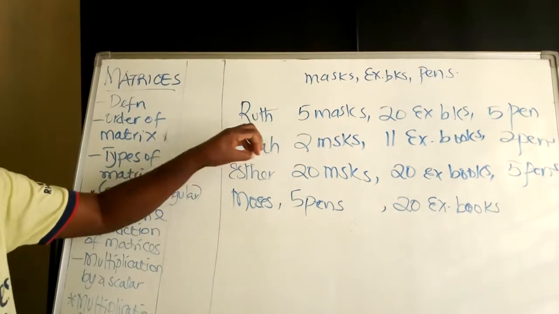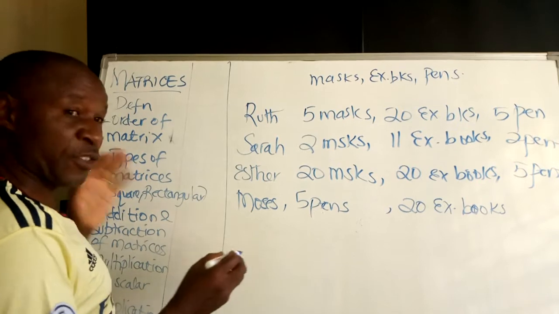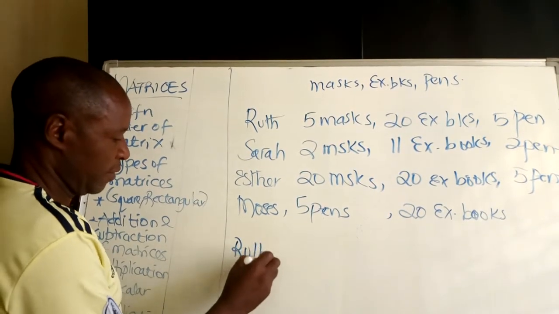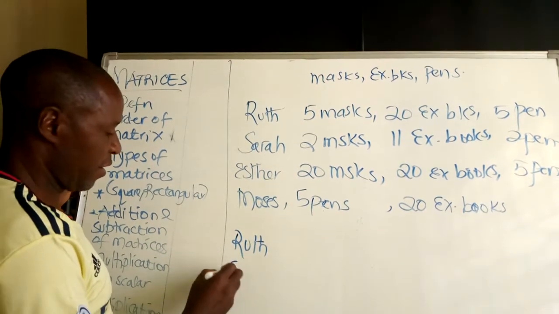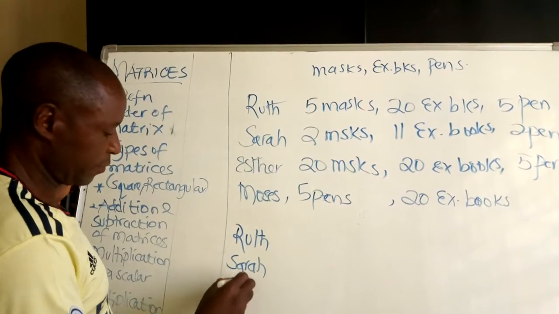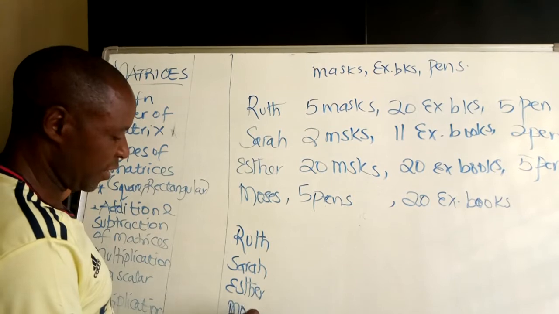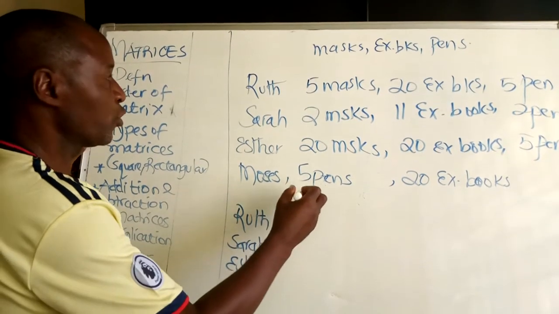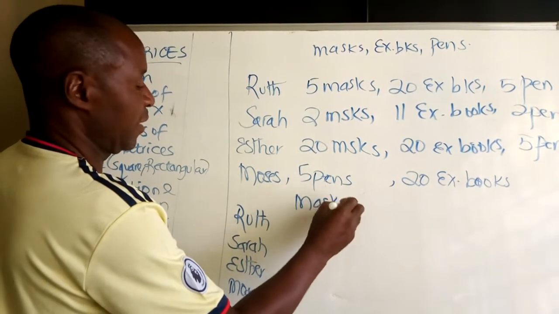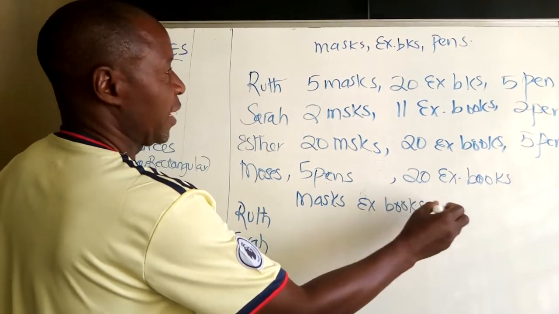This information will be summarized in this format. We have Ruth, Sarah, Esther and Moses written in this form, and then on top of them I have masks, exercise books, and pens.